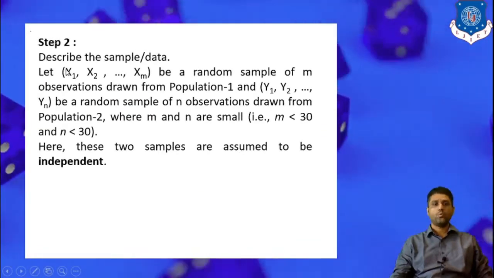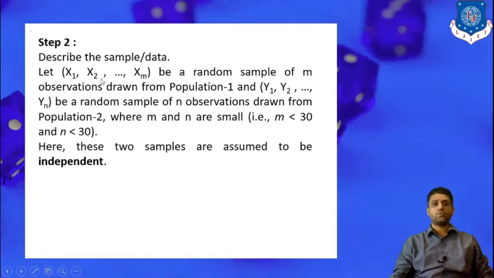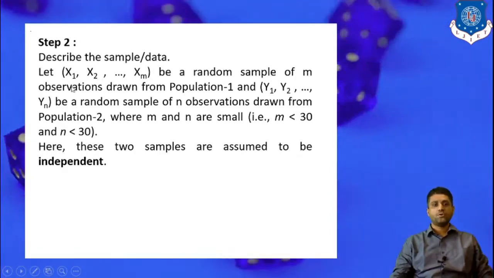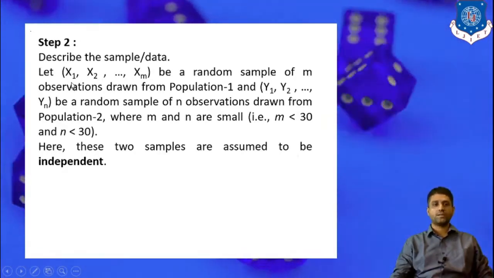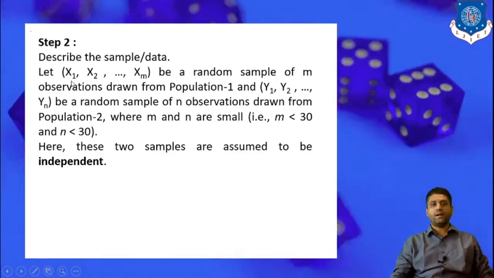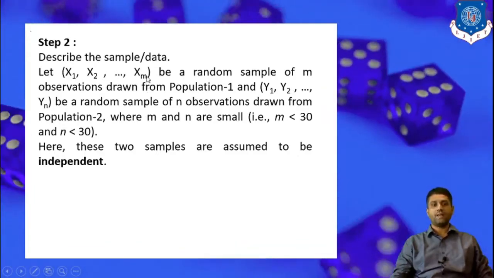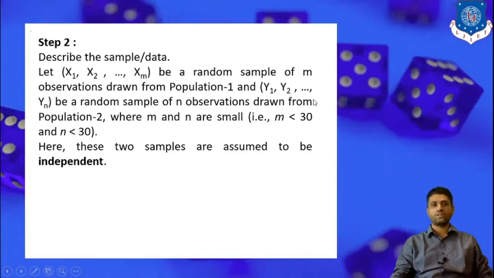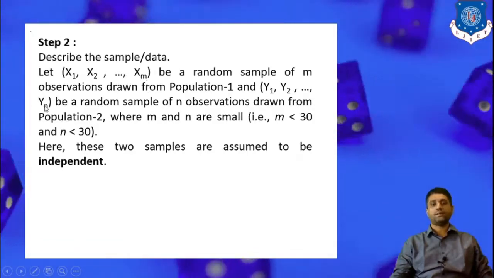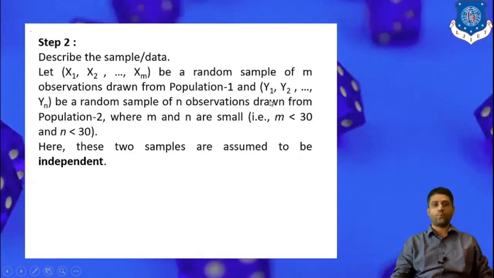Step number 2: we have to gather the data, we have to collect the sample. We consider two populations and select random samples x1 to xm, that is m observations from the first population, and y1 y2 up to yn, that is n observations from the second population.